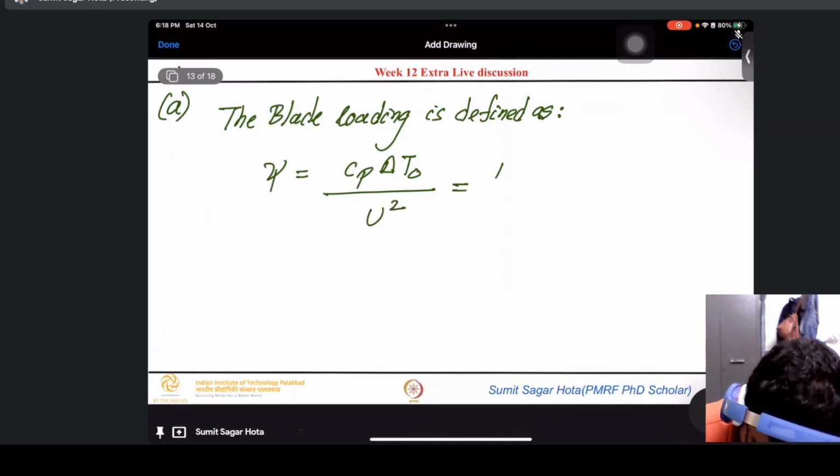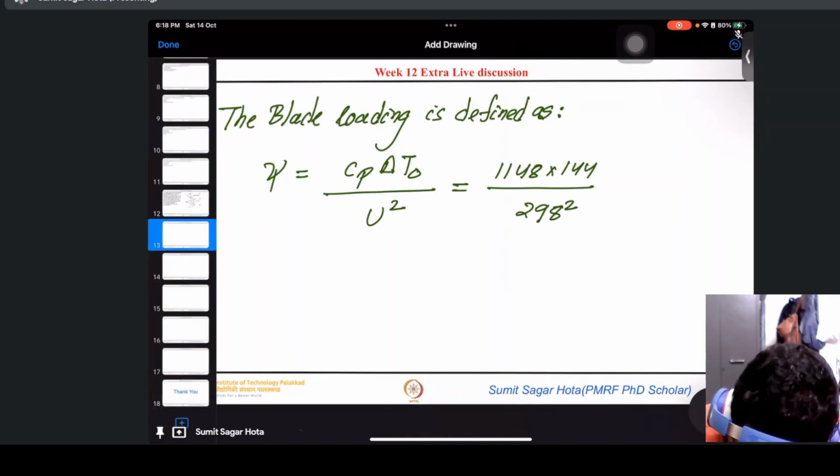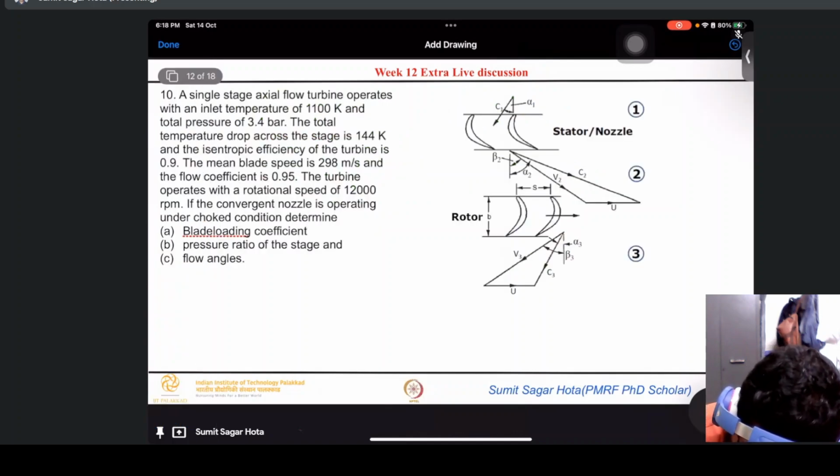Okay, so 1148 into 144 divided by 298 square. Okay, Cp, everything given, you see, Cp given.